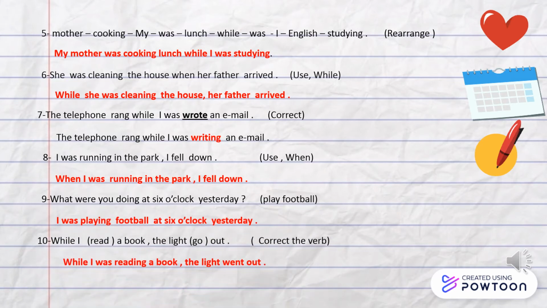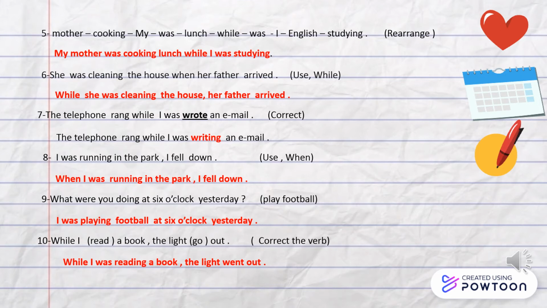Now let's try to unscramble this sentence together. Mother, cooking, my, was, lunch, while, was, I, English studying. Yes, excellent. The answer will be my mother was cooking lunch while I was studying. We notice here that we use while to connect these sentences together.